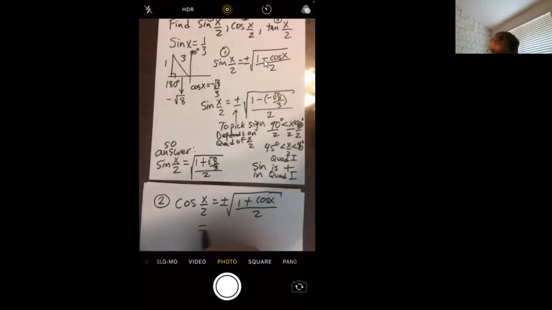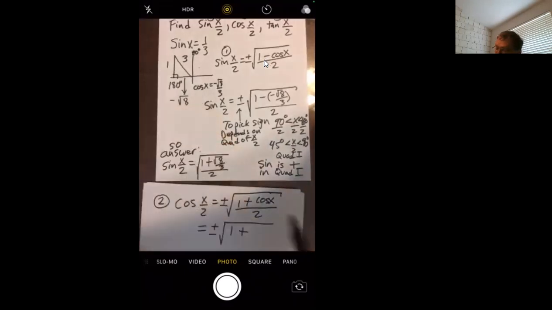That will be equal to plus or minus big square root 1 plus, and cosine of x would be, well, I've got it written right here, negative root 8 over 3, over 2.